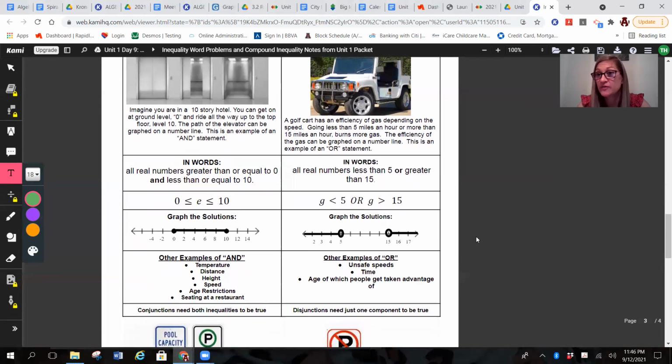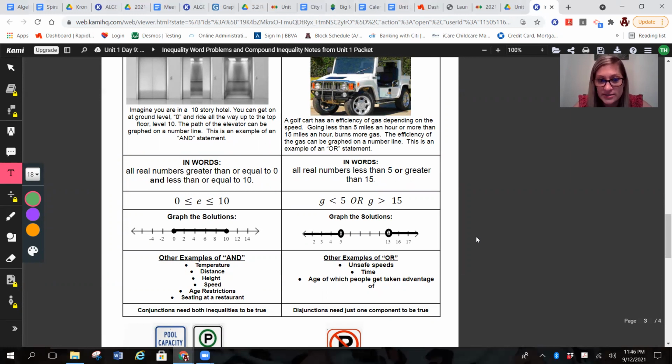Some other examples of an and statement would be temperature. The low today is going to be 73, and the high today is 101. So you could graph the temperatures starting at 73 all the way to 101, and throughout the day, the temperature will rise to the hottest part of the day, then fall back to the coolest part.